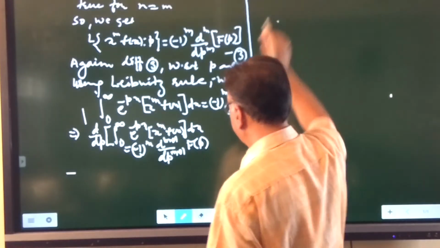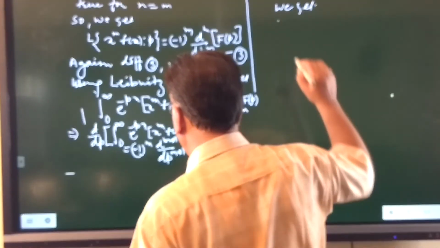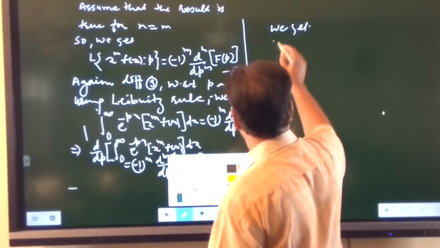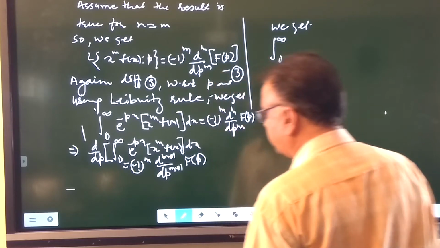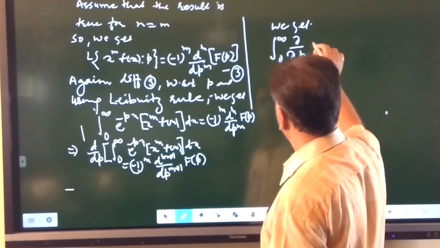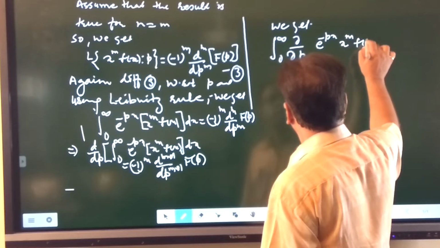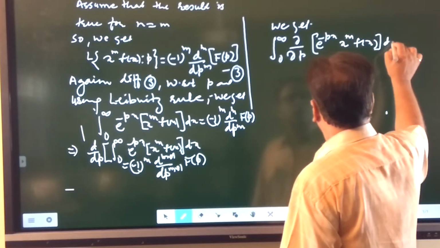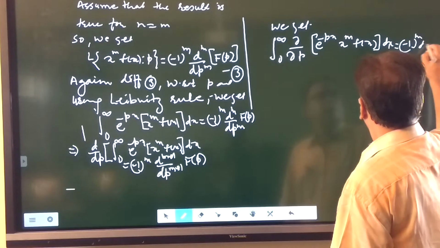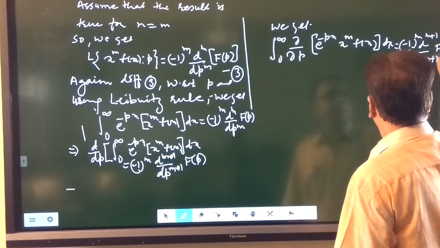we get, differentiating this integral and using the Laplace theorem, integral 0 to infinity del by del p of e raised to minus px x raised to m f(x) dx is equal to minus 1 raised to m d^(m+1) upon dp^(m+1) of F(p).